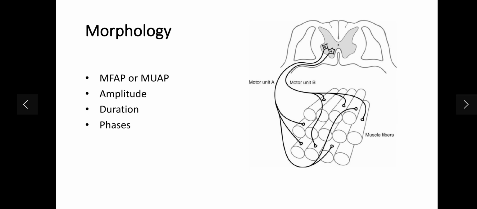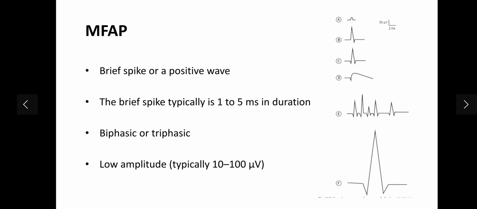The first thing to do to analyze the morphology is to differentiate between muscle fiber action potentials and motor unit action potentials. The way to do this is we look at the amplitude, the duration, and the number of phases. The muscle fiber action potential, because it's generated from a single muscle fiber, is expected to be small in amplitude and short in duration usually.